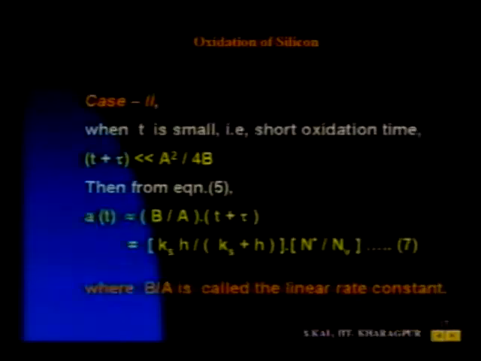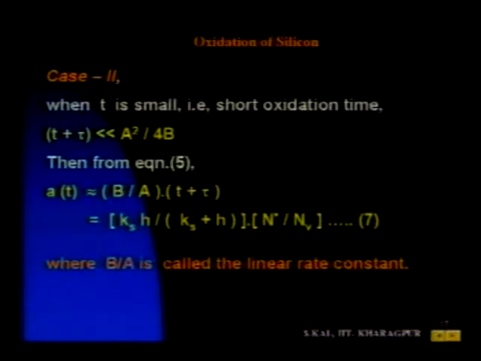This is case 1. Now we will discuss case 2, which is when the oxidation time is extremely small, that is, short oxidation time. And what do we mean by short? That definition is given by this expression: small t plus tau is very small compared to A square by 4B.